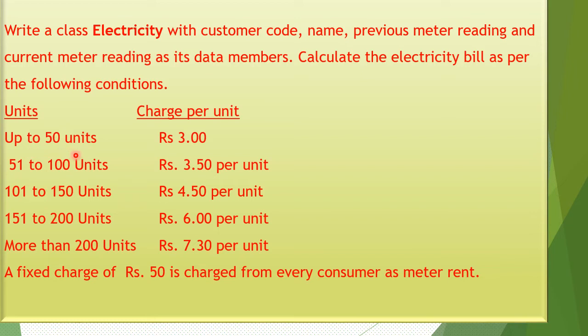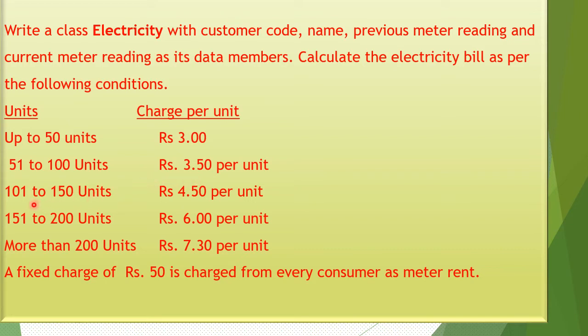Up to 50 units. That means if the number of units consumed is up to 50, the charge per unit is rupees 3. If the number of units is from 51 to 100, for each unit the charge is rupees 3.50.